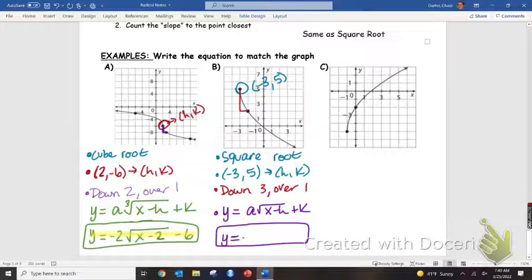So since I went down, it's negative. Since I went down 3, it's negative 3. For h, k, h is a liar, so the h is negative 3. So inside the parentheses, we're going to write x plus 3. And then the y value is positive 5, so we do plus 5. That's my answer.